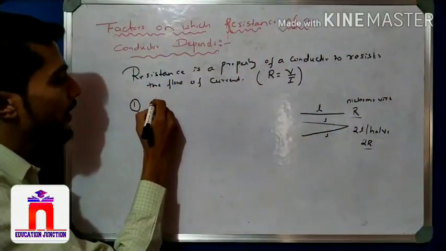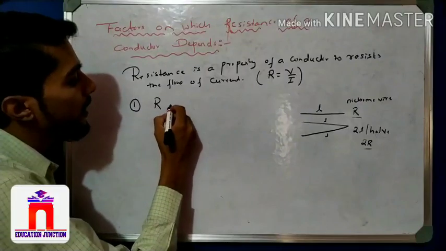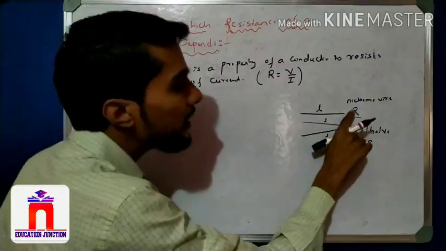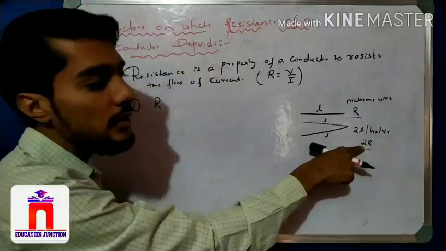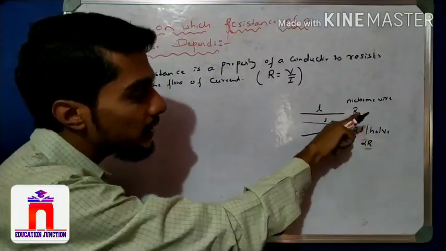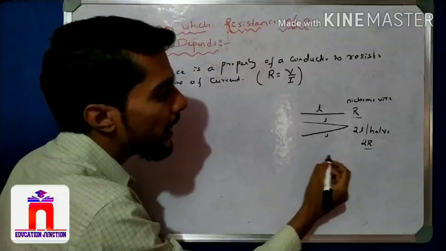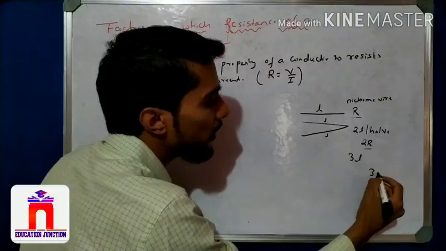How is it dependent? It is directly proportional. Whenever the length increases, the resistance also increases. Doubled length, so resistance also doubled. If I make it 3L, the resistance is also 3R.